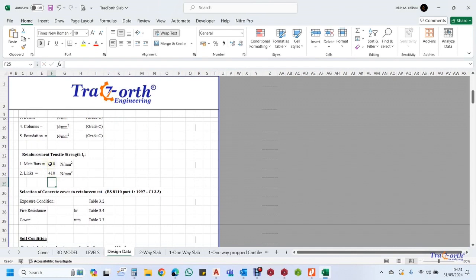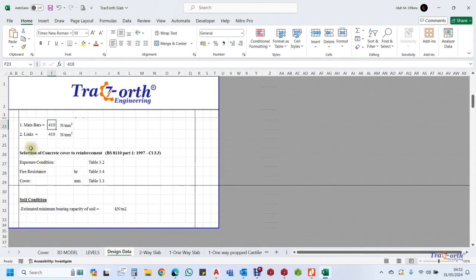However, you have to also be very careful if you are in this part of the world, because in the markets, I can tell you from experience, we have different reinforcement in the market that you cannot even lay your hand on the mechanical properties of. So you have to be sure that what you are specifying, they will be able to get it. If you are specifying 500 Newton per millimeter square as the tensile strength, you have to be sure they will be able to get it.